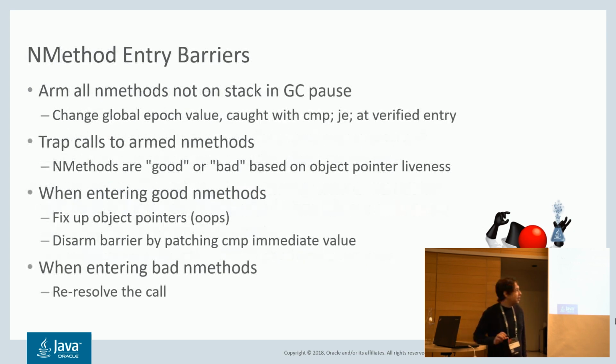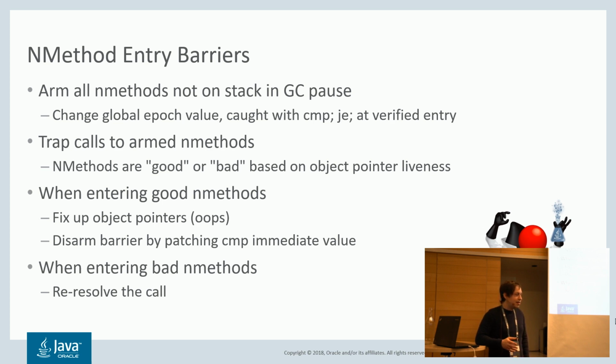Well, the key to that is method entry barriers. These entry barriers basically have a way of arming all the native code in the code cache except what we have on the stack, because that wouldn't make any sense, and trap the next call into that native code.